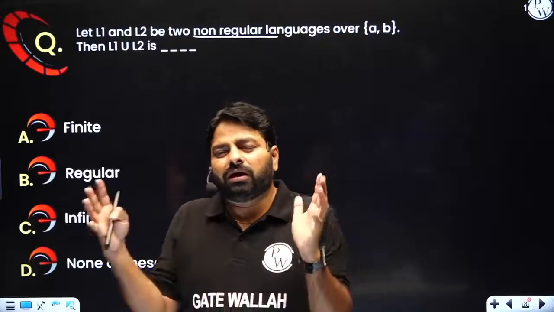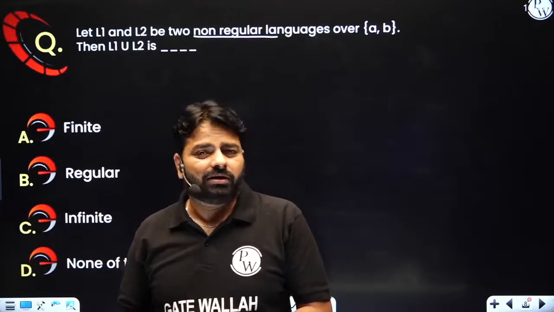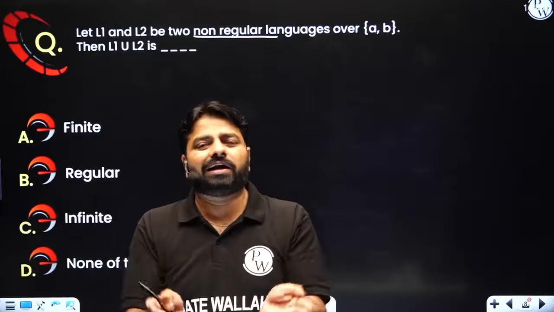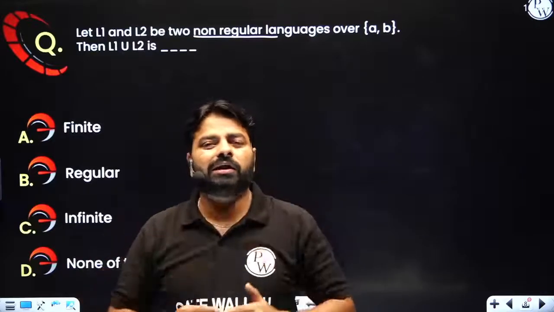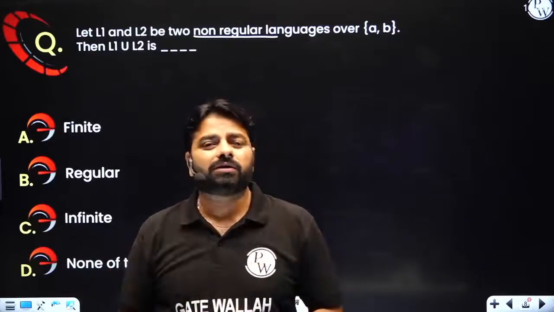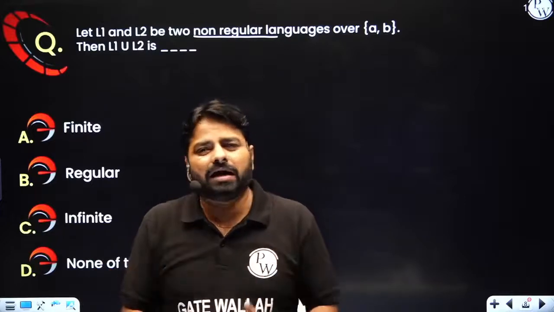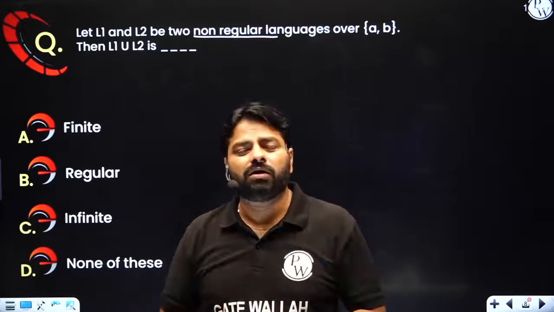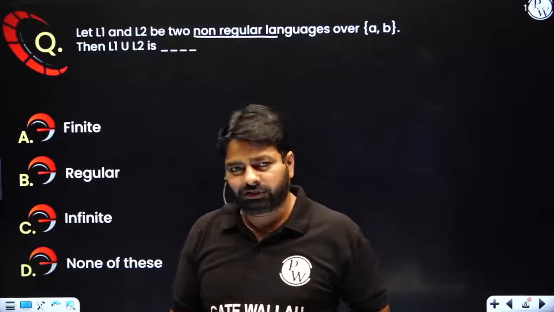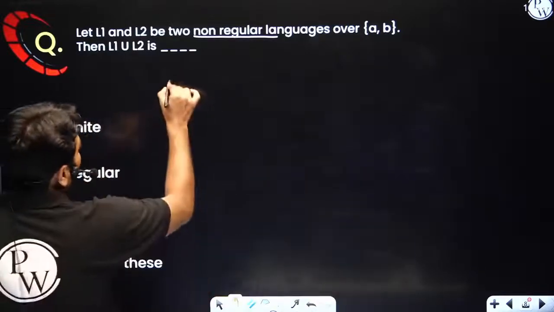You have not learned non-regular properly yet. Getting my point? We are still in regular languages, looking into regular expressions, finite automata, and maybe regular grammars. All of these focus on regular languages. Now come to the point again, non-regular.